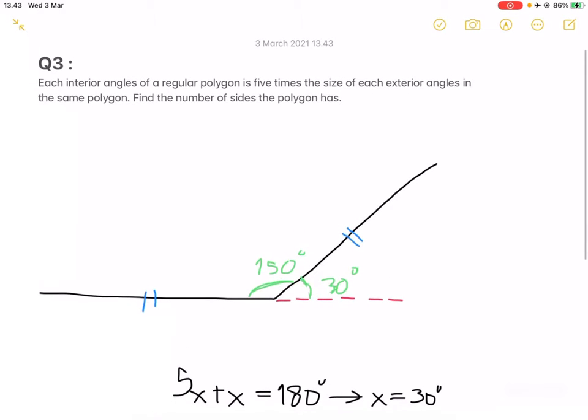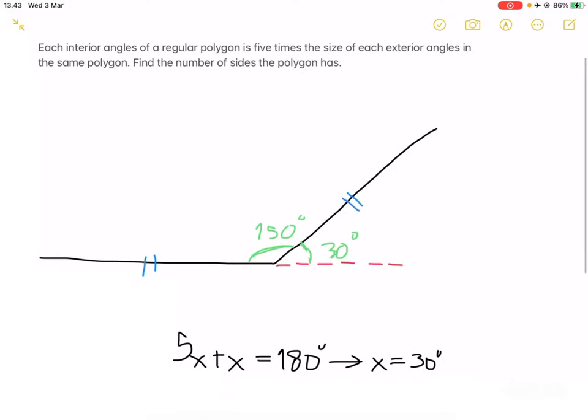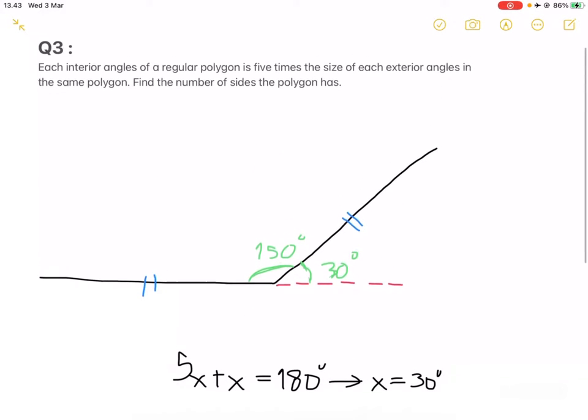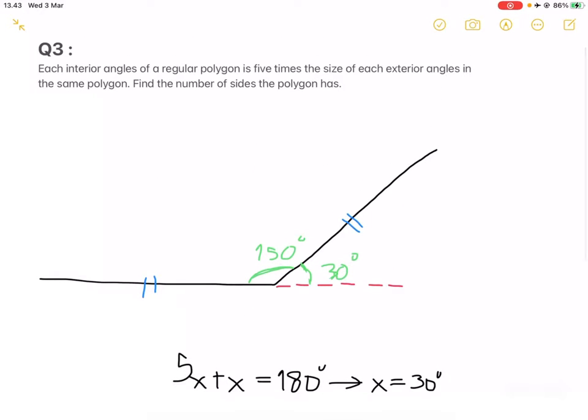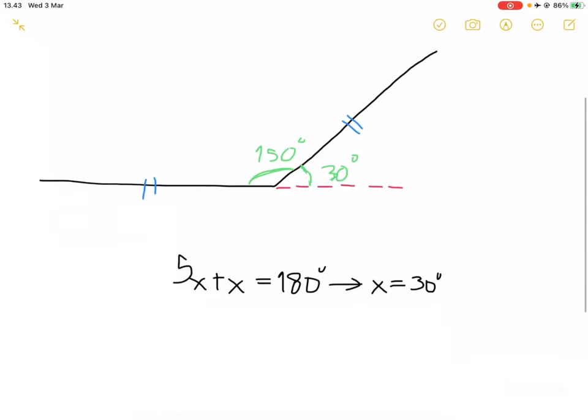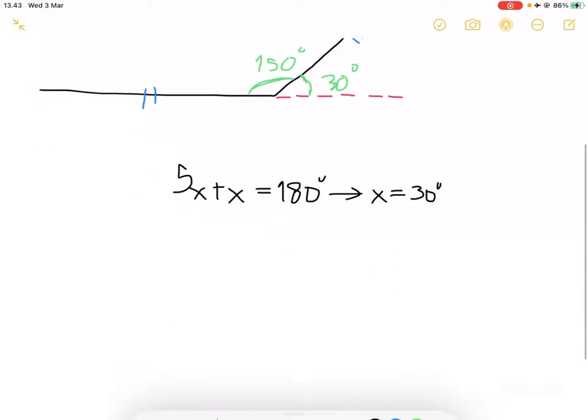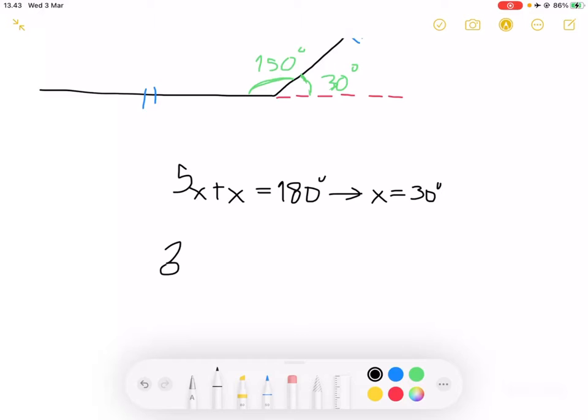So since it is a regular polygon, all of its exterior angles must be equal. And actually you can just use the formula for the size of each exterior angle in a regular polygon, which is 360 degrees over n.